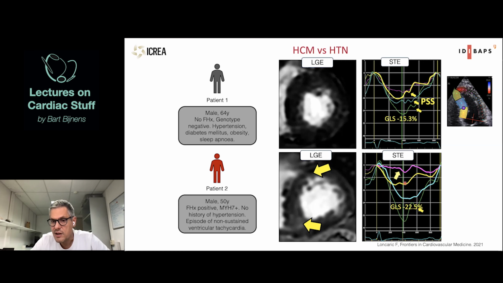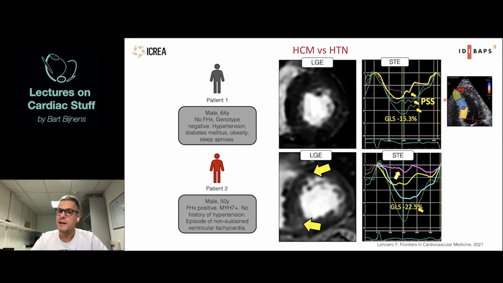While when we look at this patient, what you now see is that the basal septal part is clearly less, so there is less deformation. But if you go a little bit more apical, you see that deformation is decreasing. And if you then go even more apical, it's increasing again.